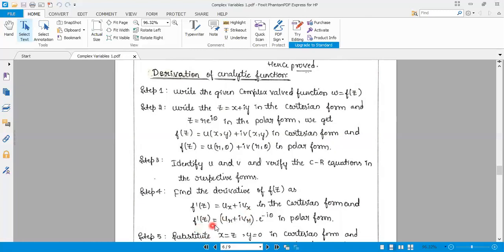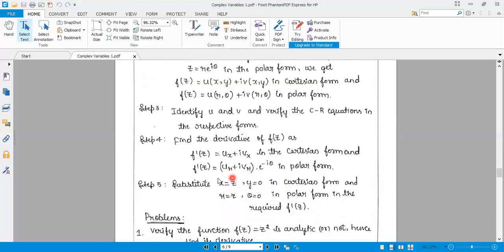Or if it is in the polar form, you can use this result, f dash z equals ur plus ivr into e power minus i theta. So after that, we substitute x equals z and y equals 0. Then we get f dash z.